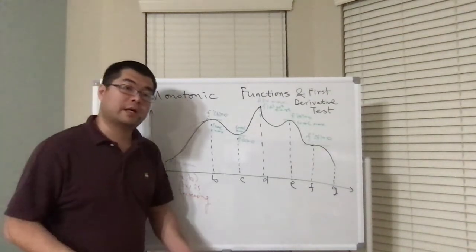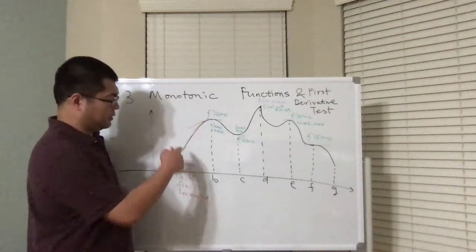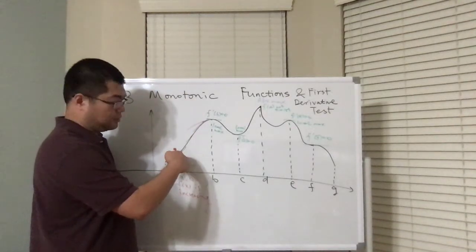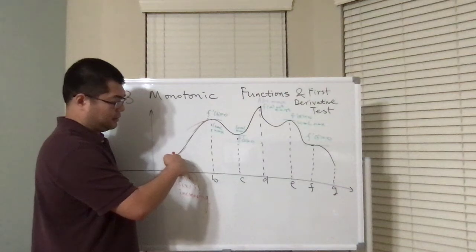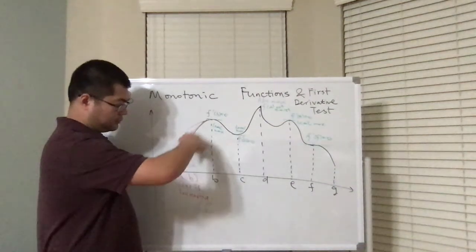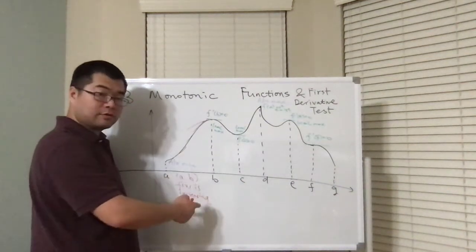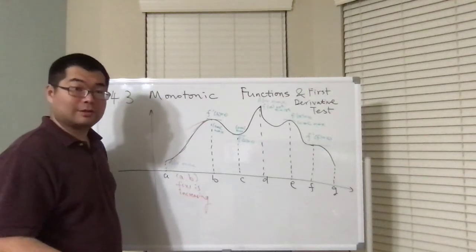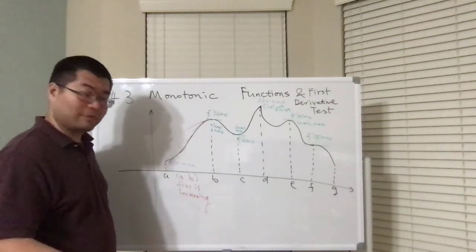And how do we measure that? As we just discussed, the slope of the tangent line at a given point on the interval from a to b is the derivative of the function.